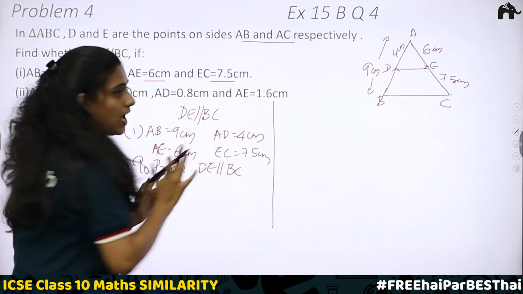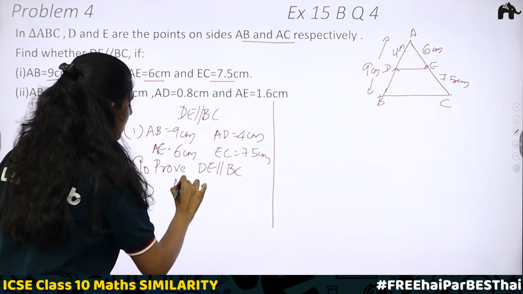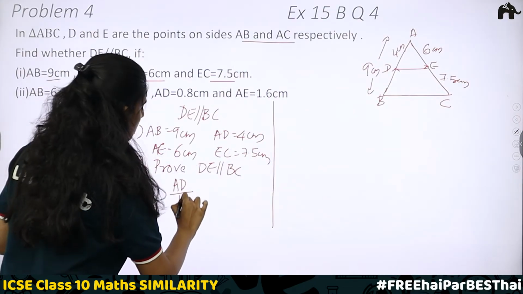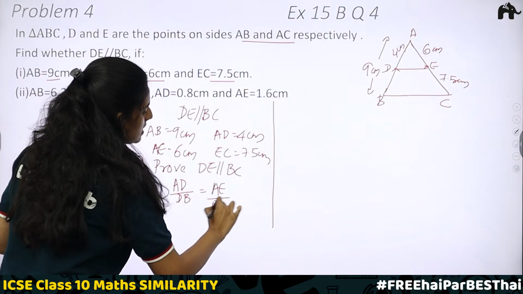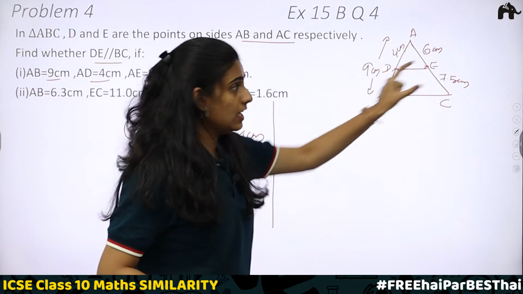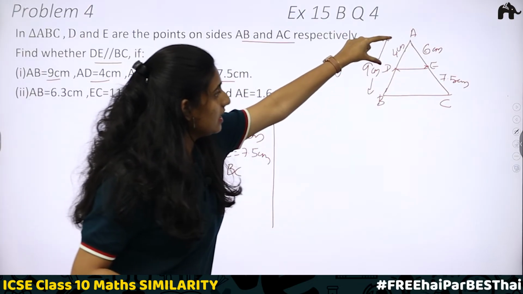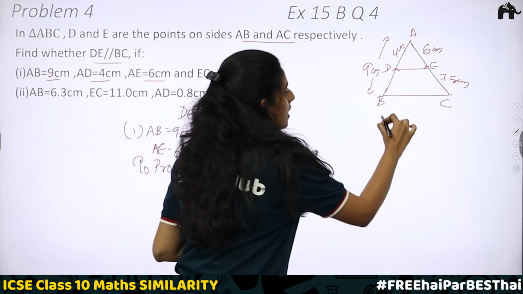To get DE parallel to BC, the ratio should be same, that is AD divided by DB should be equal to AE by EC. Okay, here we know AE, we know EC. Then we have AD, we just need to find what DB is. How to find DB?